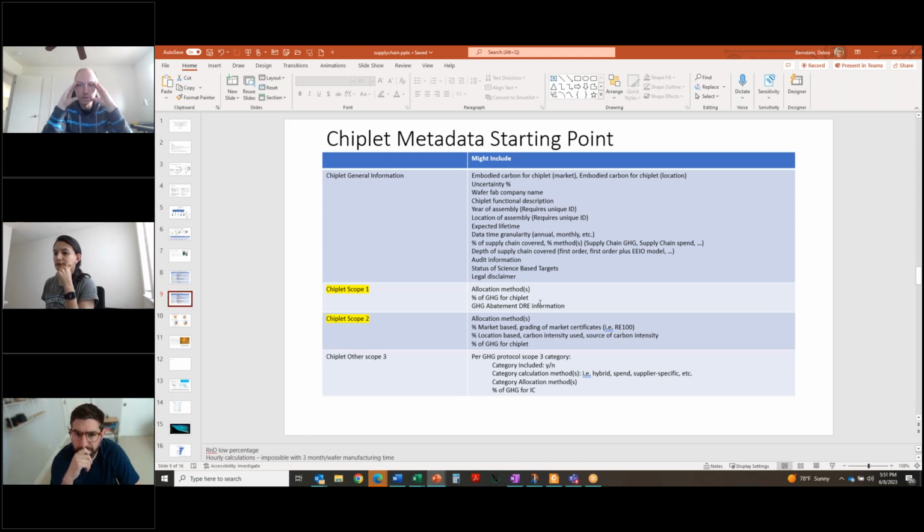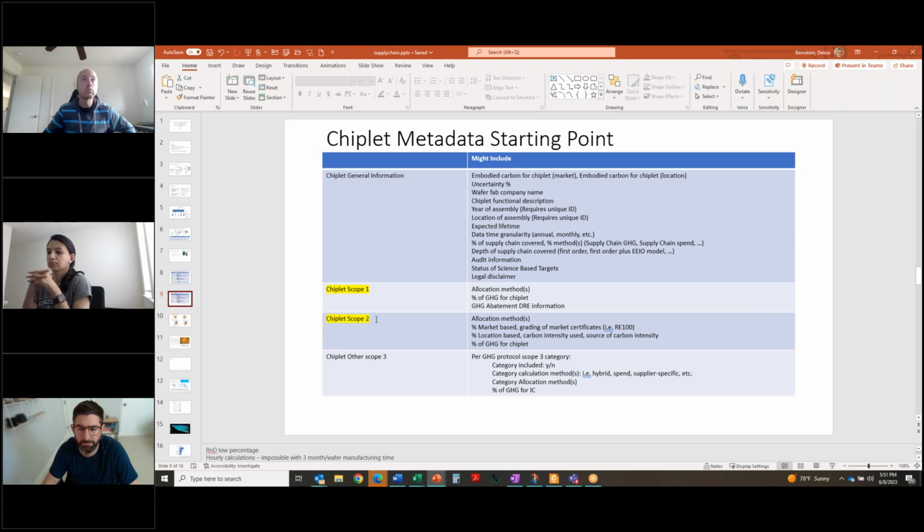Yeah, so this just gives you some idea of what the metadata could look like. I will start putting this into the white paper and add columns that explain what each one of these would be, and whether it would be recommended, highly suggested, or optional.